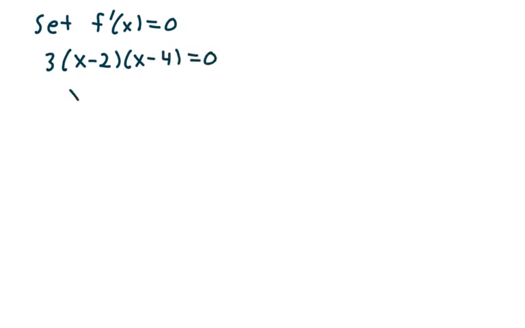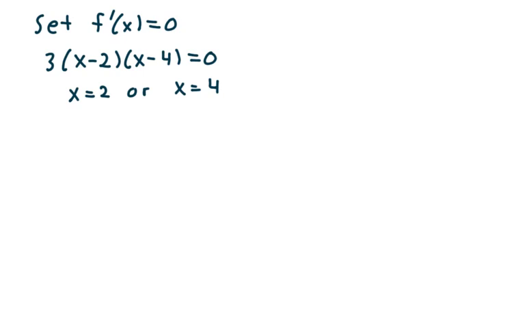So we're going to set f prime of x equal to 0. And so 3 times x minus 2 times x minus 4 equals 0. So x is 2, or x equals 4.